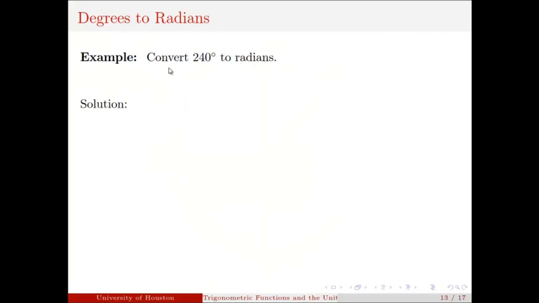First, we'll convert 240 degrees to radians. To convert to radians, we'll multiply by pi over 180.